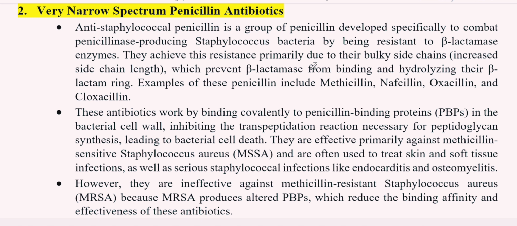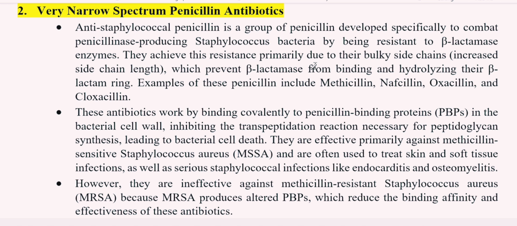Then later on, we provided modifications in the natural penicillins, and the modifications were that we increased the size of the side chain. Because of that increase in the side chain, we could prevent those natural penicillins from the attack of the beta-lactamase.